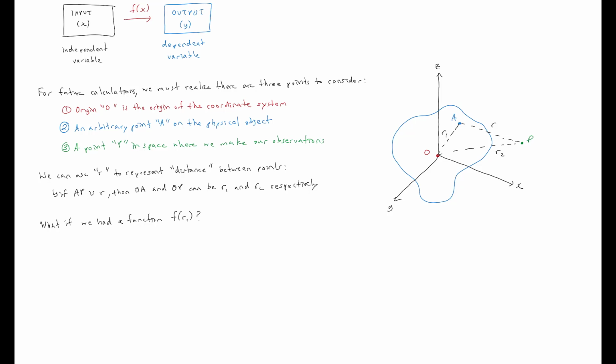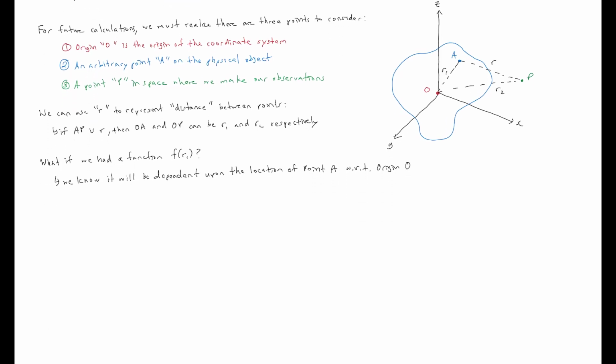So with the drawing we've shown here as an example, especially how we've labeled it, f of r1 is a function that depends on the distance between O and A. So we know it will be dependent upon the location of point A with respect to origin O. Okay, so hopefully that makes sense.